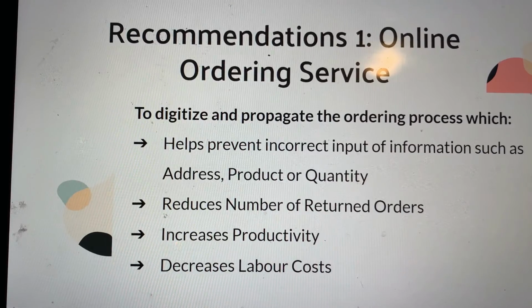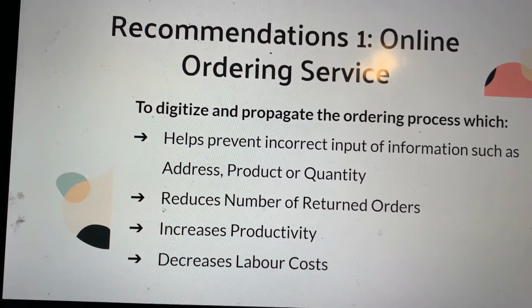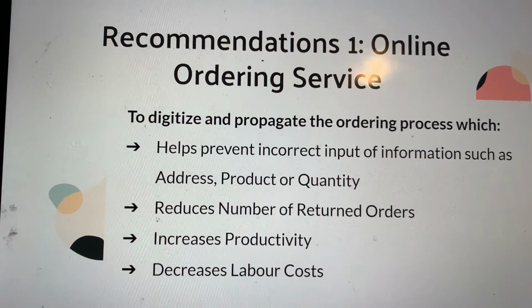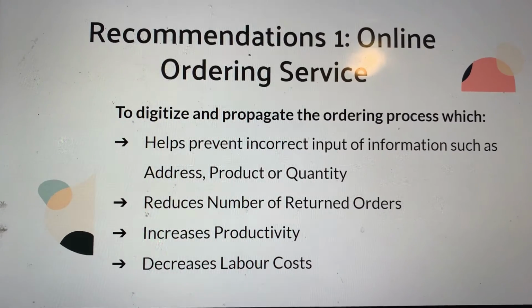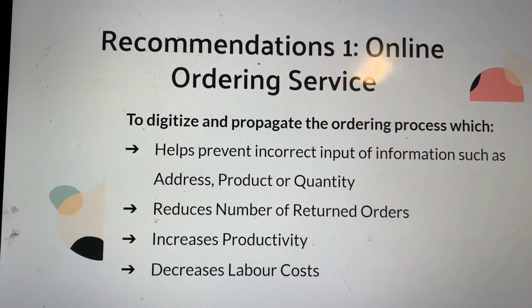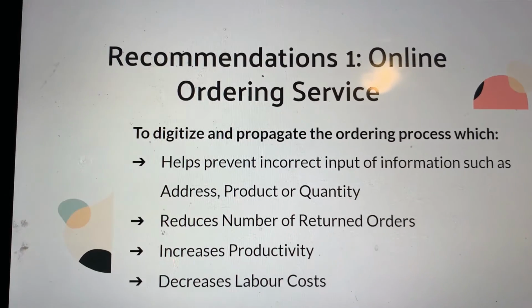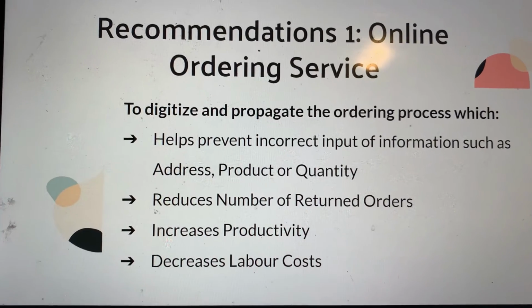Because there will be far fewer errors, we will have a reduced number of returned orders, and we can see that in the cost benefit analysis coming up. And finally, as we are depending on technology, this will definitely increase productivity, and as there will be no order entry clerk, it will definitely decrease labor costs.